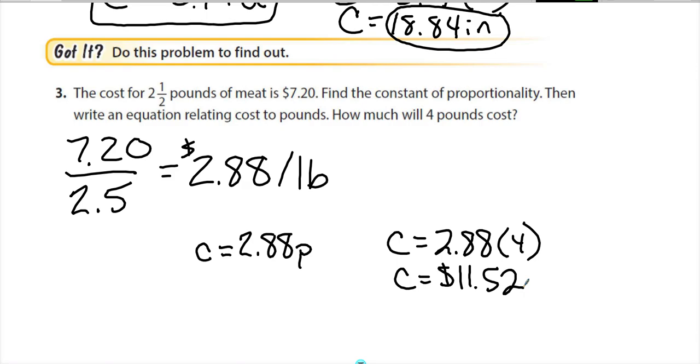On my mom's side, we usually have corned beef or ham or something like that, so we have to figure out how much it is per pound, then figure out how many pounds we're going to need all together and see how much that's going to cost. Sometimes we do corned beef, sometimes we do ham. It depends on how much money's in the budget for everyone. So we really do use this a lot, especially when we're buying groceries, and other things too, but more so for groceries than anything else.